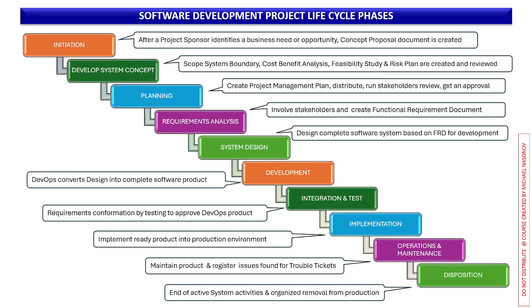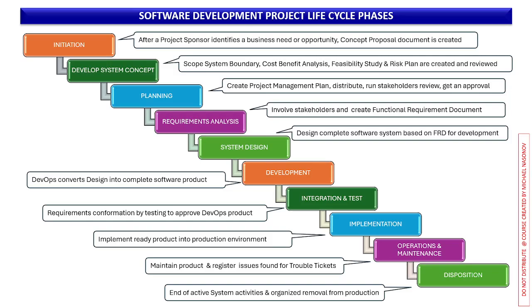Planning. Create project management plan, distribute, run stakeholder review and get an official approval. Requirement analysis. Involve stakeholders and create functional requirement document.